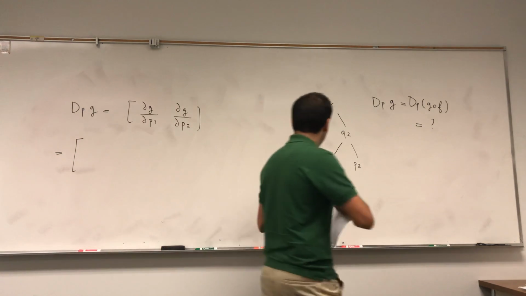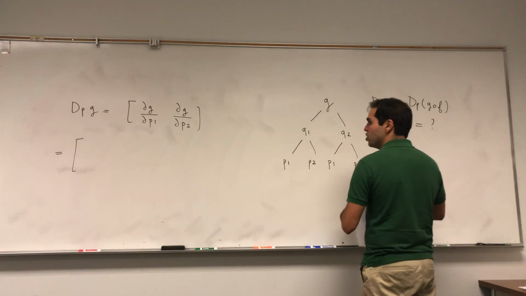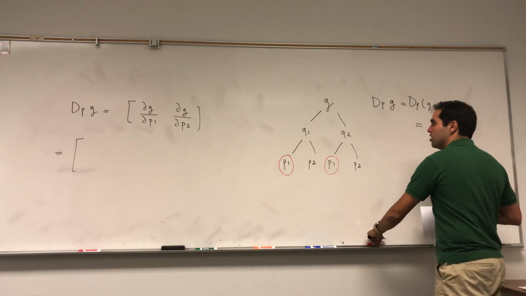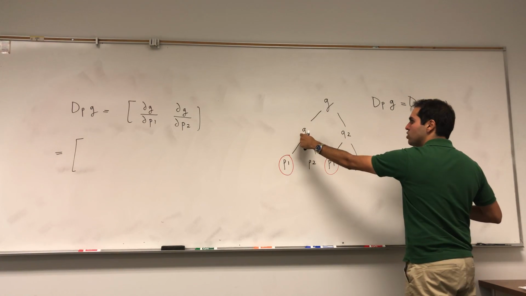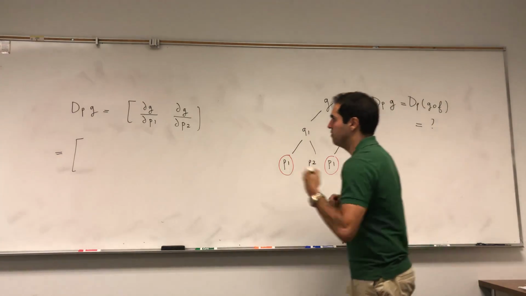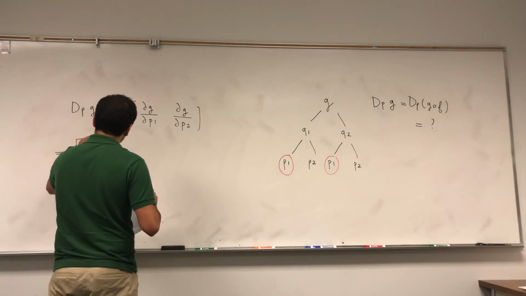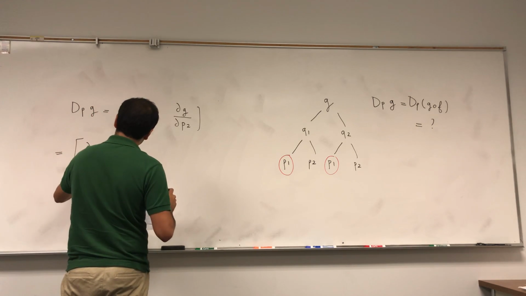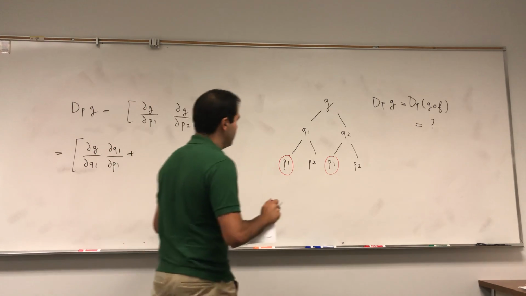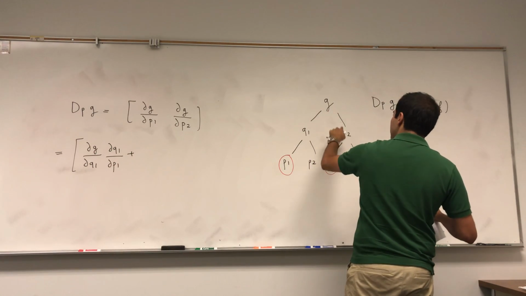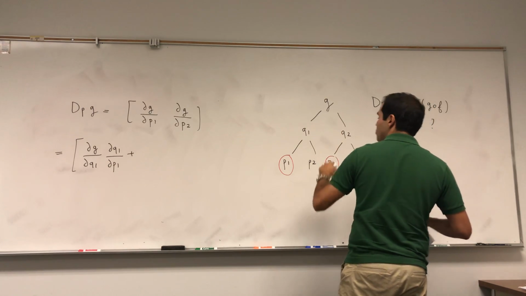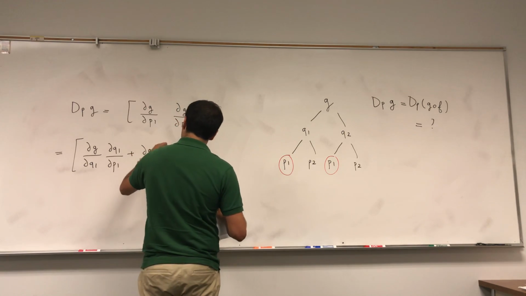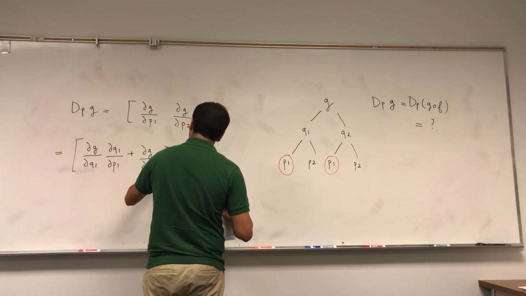And now you want to think of it in terms of the chain rule. So you want to differentiate, first of all, g with respect to p1. So you do dg over dq1, dq1 over dp1. And then you do the same thing with q2, so dg over dq2 times dq2 over dp1.